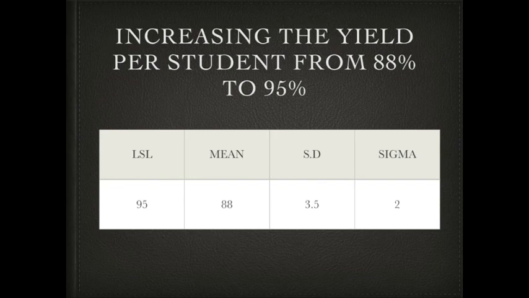The target is the lowest specification limit, that is at 95. The mean level is at 88. Standard deviation is 3.5. So between 88 and 95, we have a difference of totally 7. And in this 7, how many standard deviations can be accommodated is only 2, because the value of standard deviation is 3.5. So it is a 2 sigma level process that we have in this particular example.